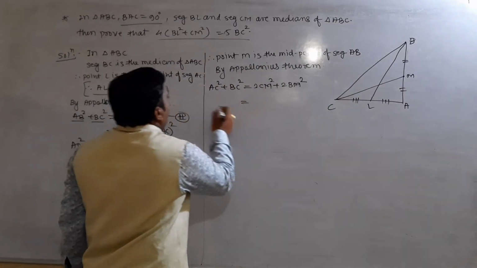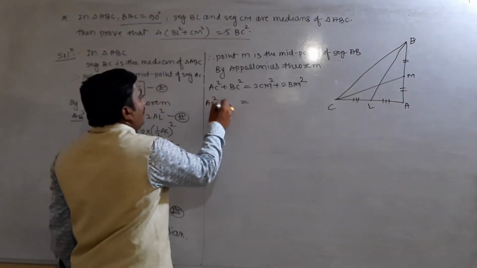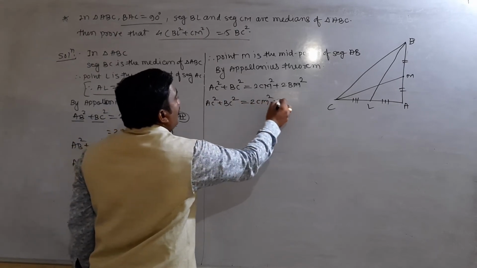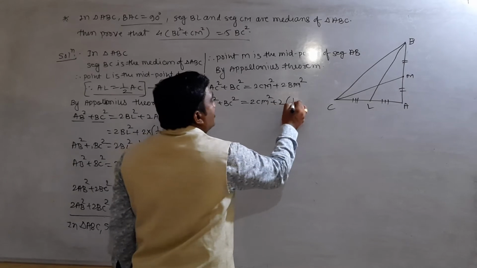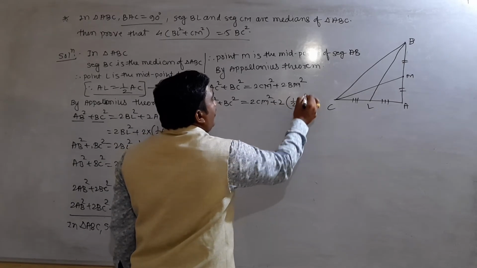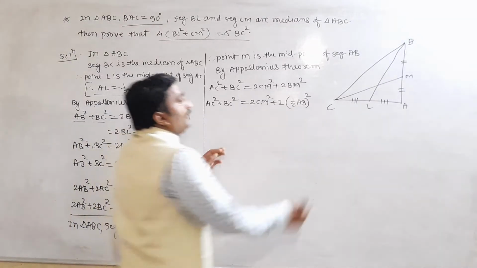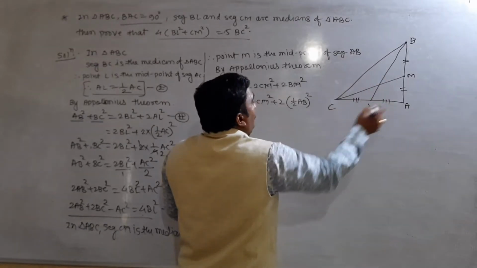But we know that in AC square plus BC square, 2CM square stays as it is, and 2BM means 1 by 2 AB.